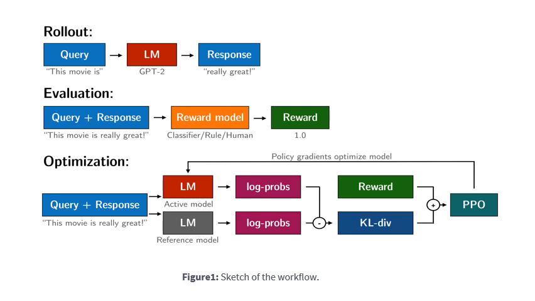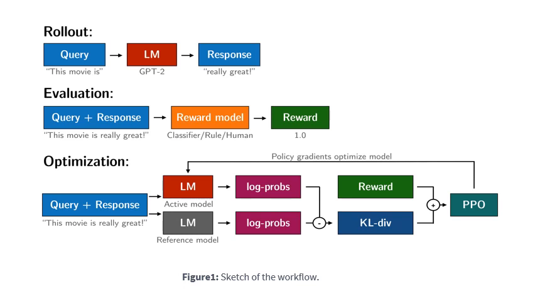When we code PPO in Python, we use log probability to represent the policy for PPO. It means we update the policy here for the active model. We compute the change in the policy for the active model and also the change in the policy for the reference model.